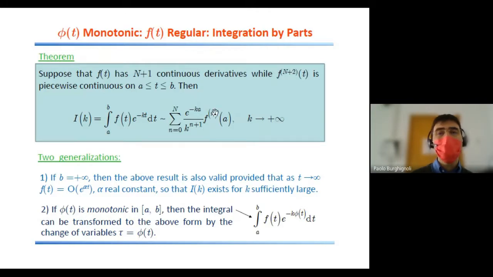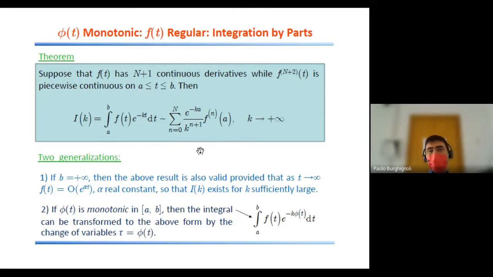All those derivatives are coefficients that multiply the Laplace exponential, again evaluated at the left-hand point. So as you can see, the left-hand point determines everything. And then there is this denominator, which is the n plus 1 power of the large parameter k. So we have an asymptotic series in terms of inverse powers of the large parameter k, where the coefficients depend on the behavior of the integrand at the left-hand point.